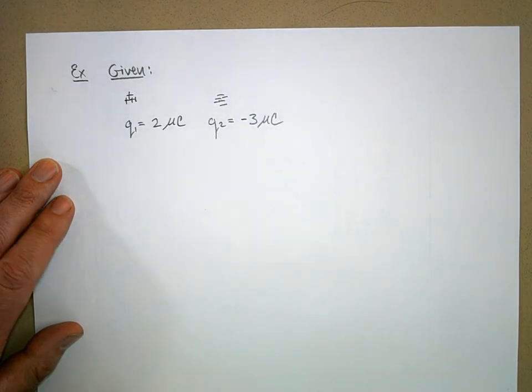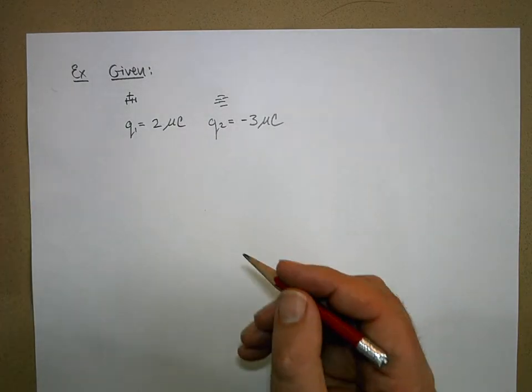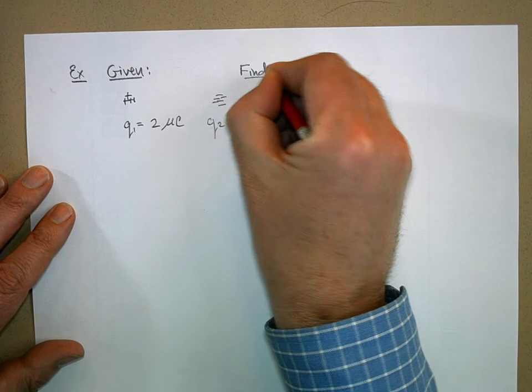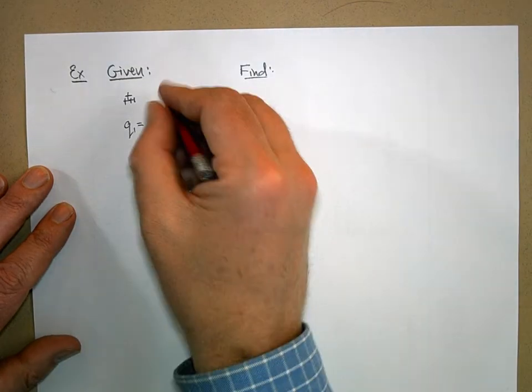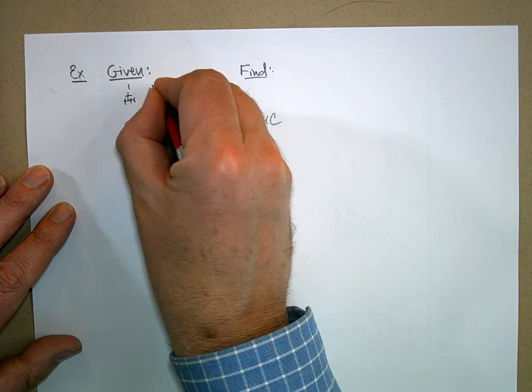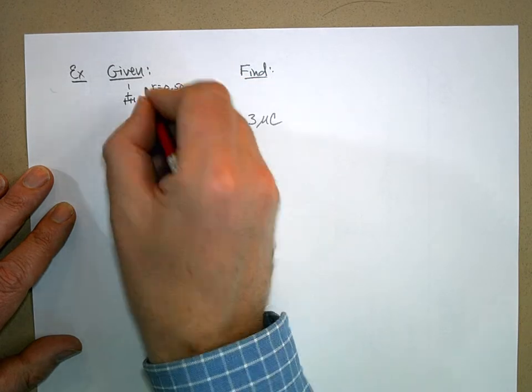Now, what are these? These are opposite charges, so what are they going to do? They're going to attract each other. And we want to find, one other thing. The distance between them equals 0.50 meters. So 50 centimeters apart.